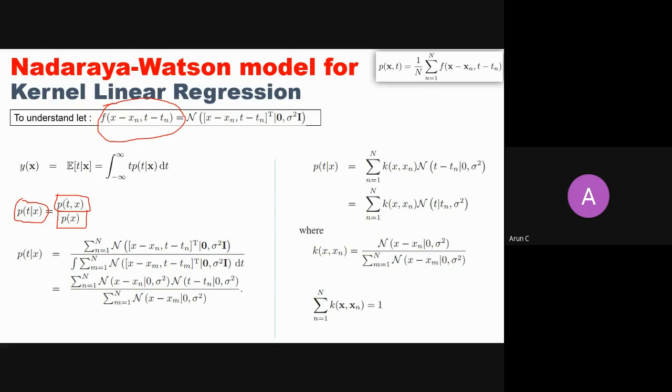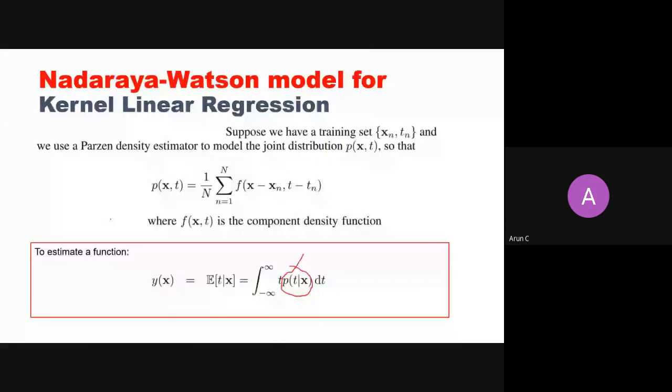Now I know my probability of t comma x is what? I am estimating my probability density using this Parzen density estimation. For a particular x, I am calculating the density from every component and then normalizing it.